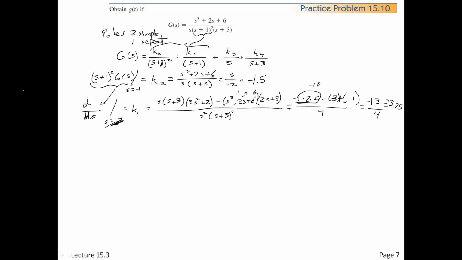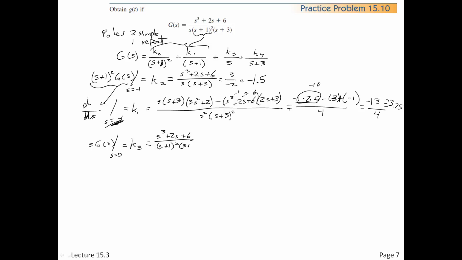These ought to be a piece of cake. For k3, s times G of s evaluated at 0 is equal to k3. So that's s cubed plus 2s plus 6 all over s plus 1 squared times s plus 3.